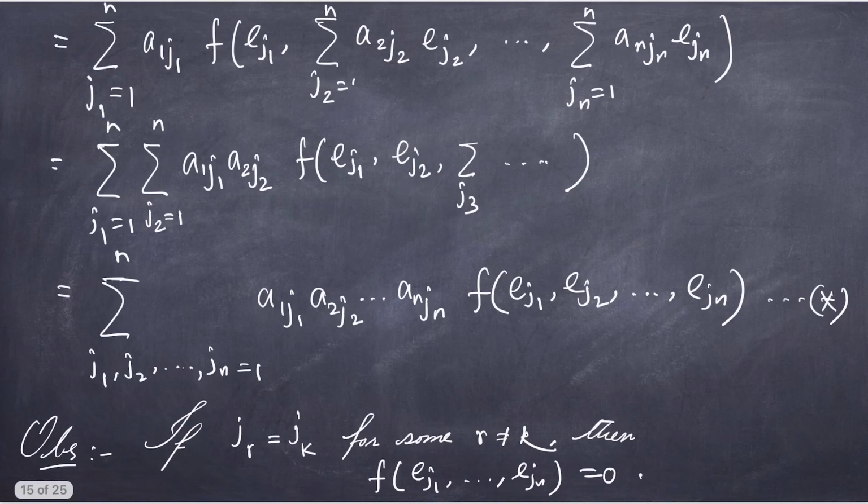Therefore we have as many survivors as there are permutations in Sn. So the number of terms in this sum which are surviving is the same as the number of elements in Sn.